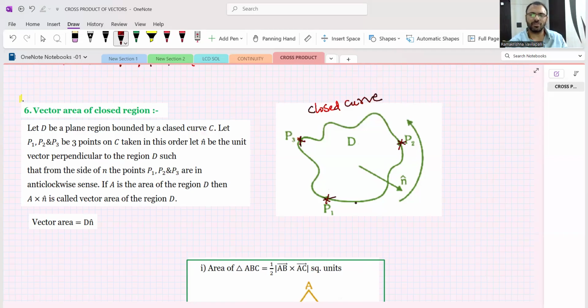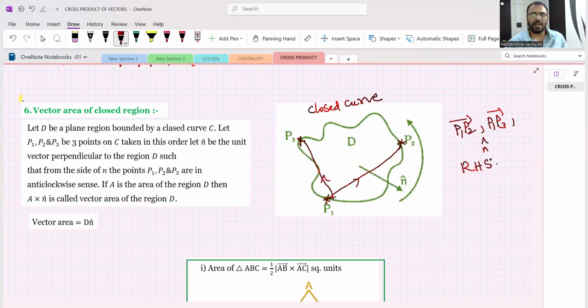Now you just join P1 P2 and P1 P3. P1 P2, P1 P3 and n cap form a RHS, a right-handed system.